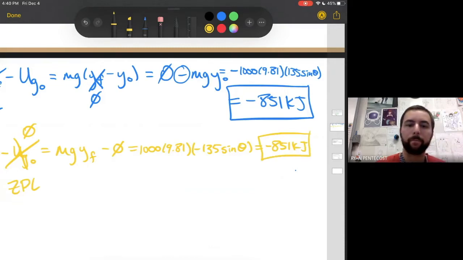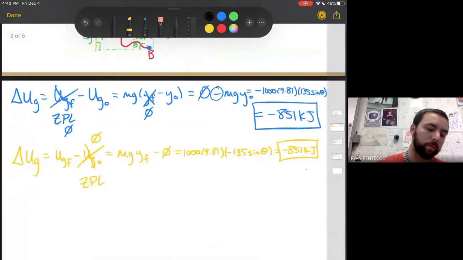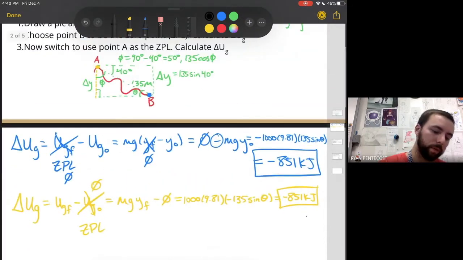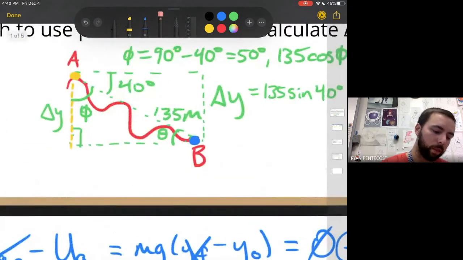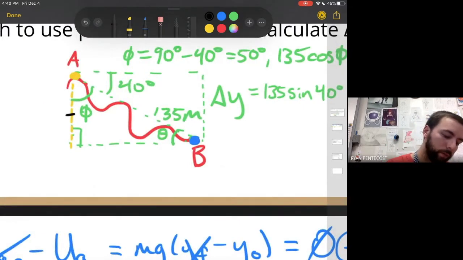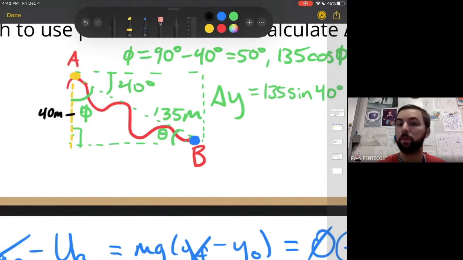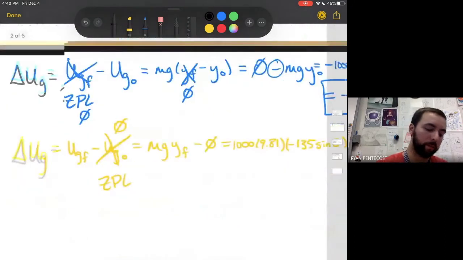Now, just for fun, and to drive the point home that the ZPL is arbitrary, I am going to put our ZPL right in the middle, at 40 meters. That's just an arbitrary number, and I'll show you how arbitrary it can be.